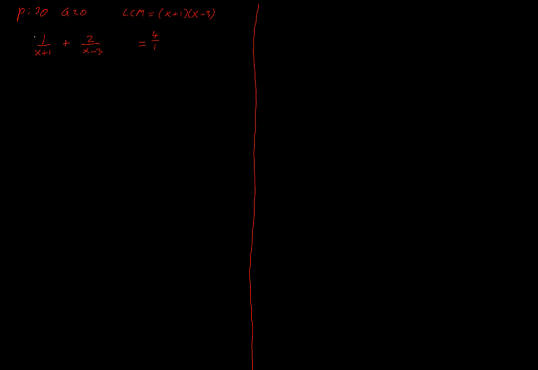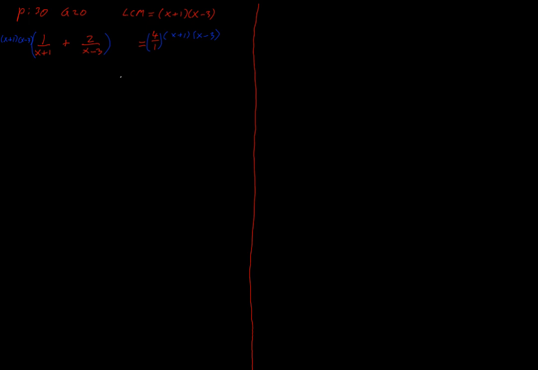So I am going to multiply both sides of my equation by my lowest common denominator, x plus 1 by x minus 3.